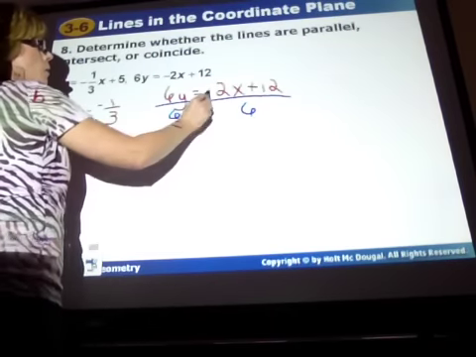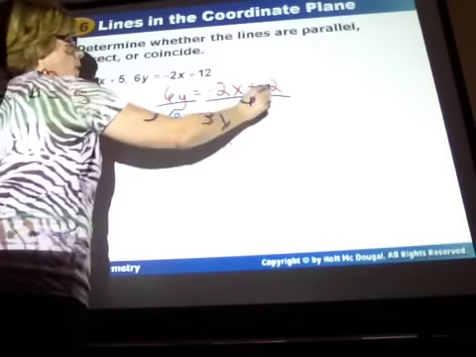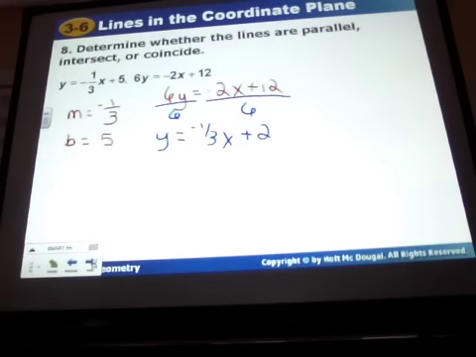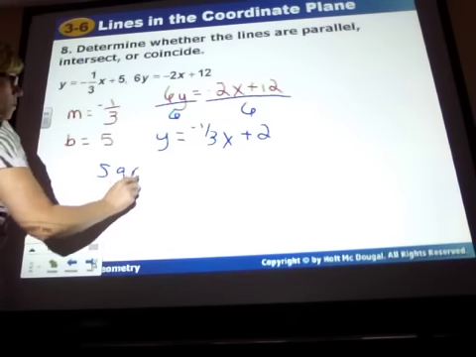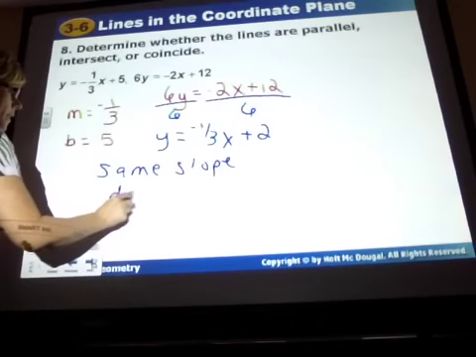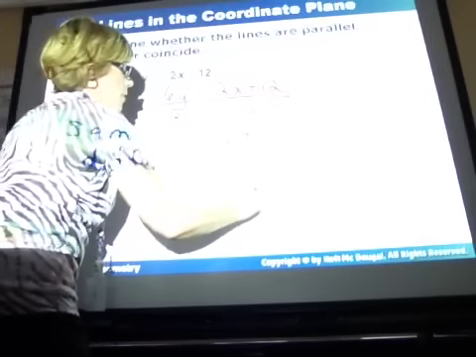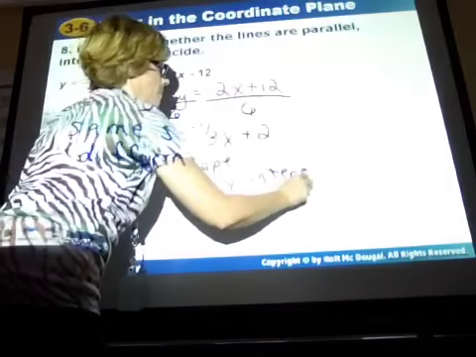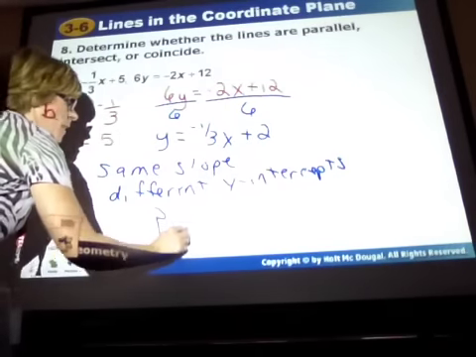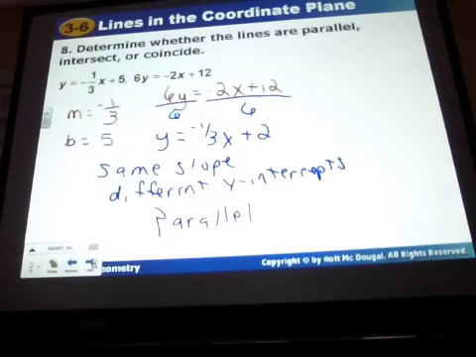So y equals negative 2 divided by 6 is a negative 1/3. 12 divided by 6 is 2. So, I have the same slope. I have different y-intercept. Therefore, these lines are parallel. They will never intersect.